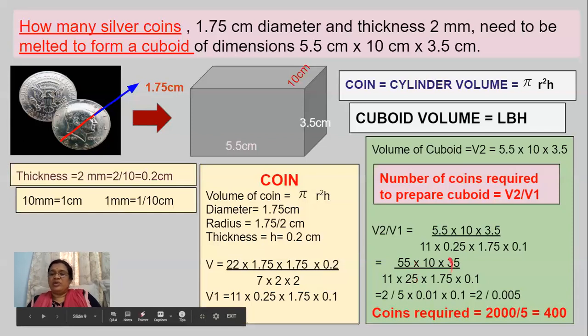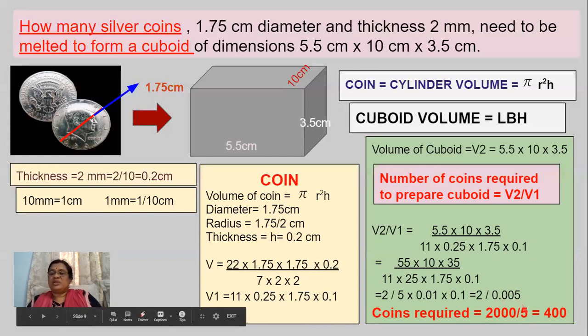When you simplify this, you will get it like this: 2 by 0.005. After the point there are 3 digits, 1, 2, 3, so 1000. When you multiply and divide with 1000, the point goes and the 1000 goes into the denominator.